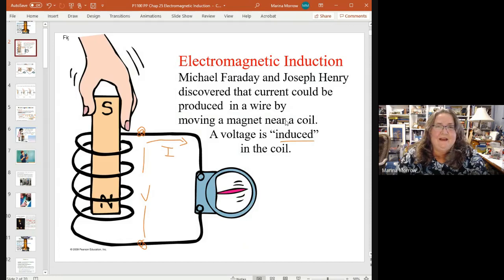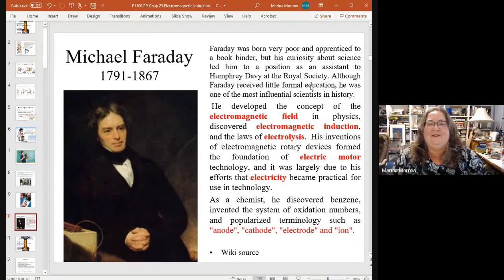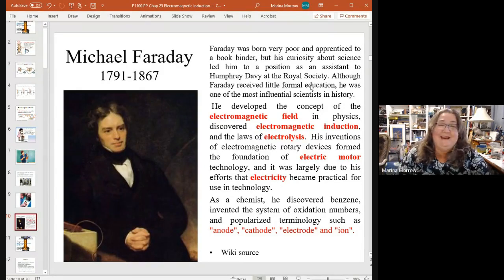He was born very poor, but he was very curious, and he started to attend free lectures, and then he wrote those lectures up and printed a volume for the author of the lectures, Humphrey Davy. Then he was hired at the Royal Society where they investigated science and eventually became head of it after many trials and tribulations. But anyway, he was an amazing guy, and he had a lot of joy in discovering the electromagnetic effects.